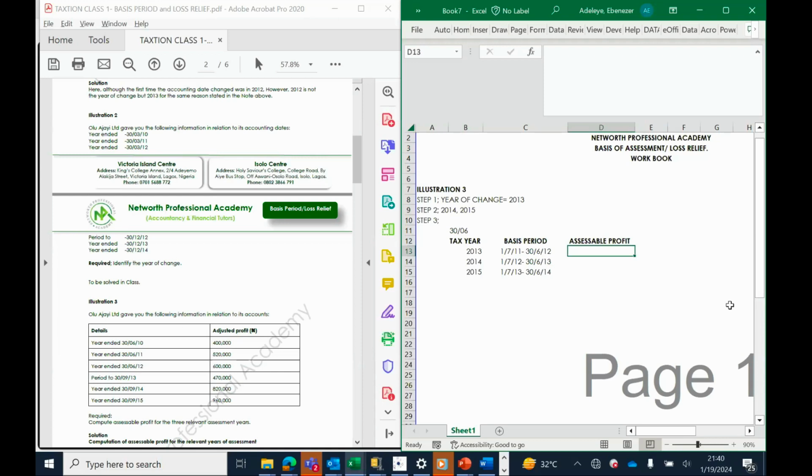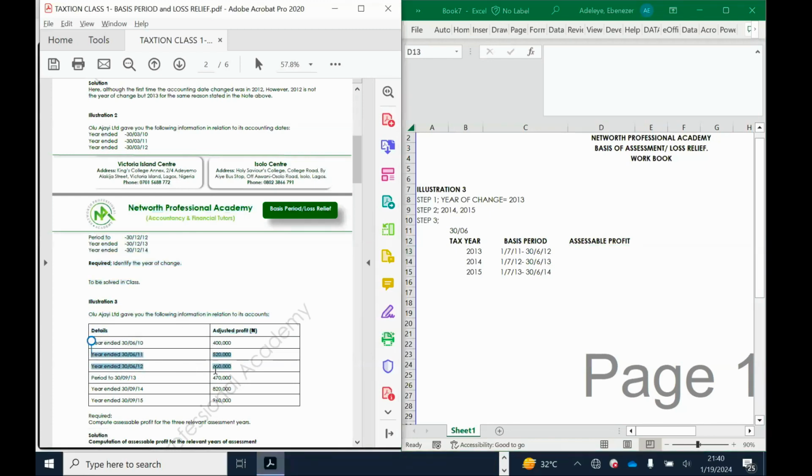The assessable profit for 2013, which is 1st of July 2011 to 30th of June 2012, I think that one is straightforward, right? Because we have it here. We are talking about the period between this and this.